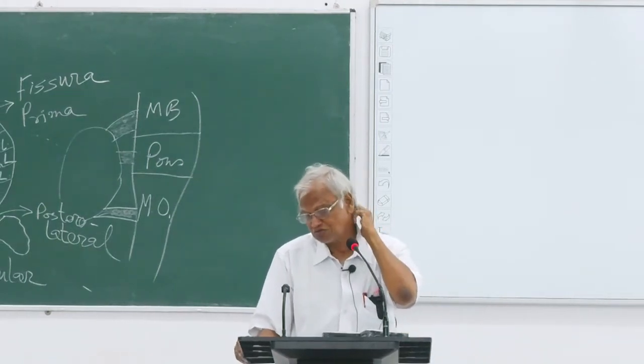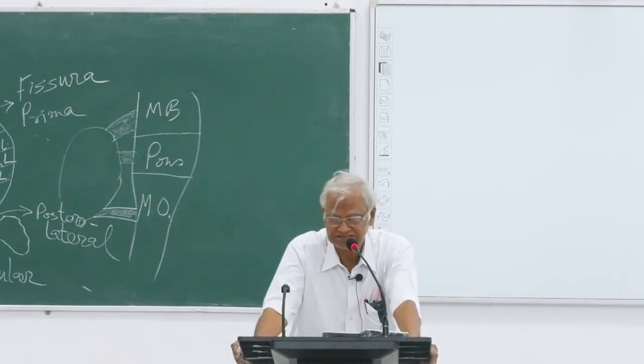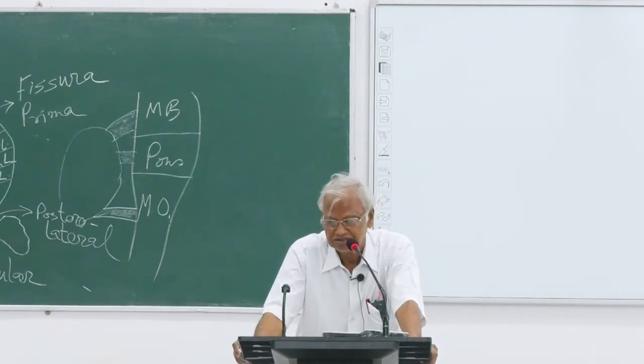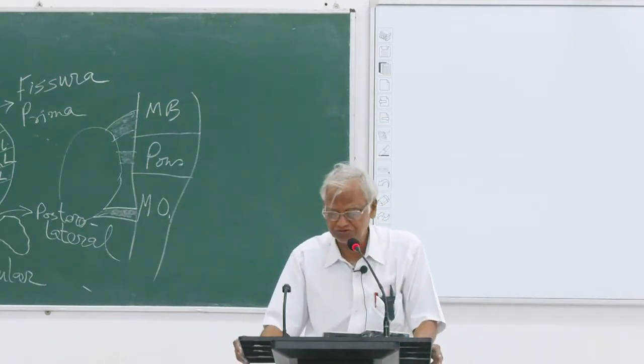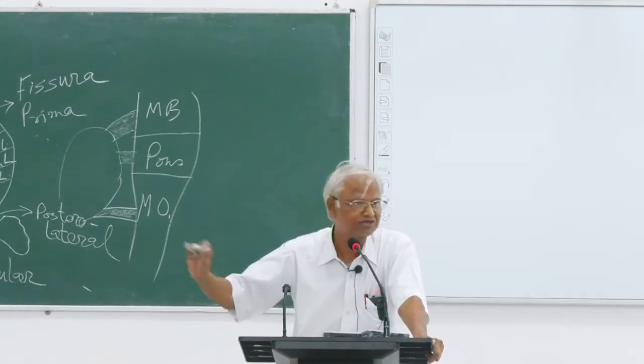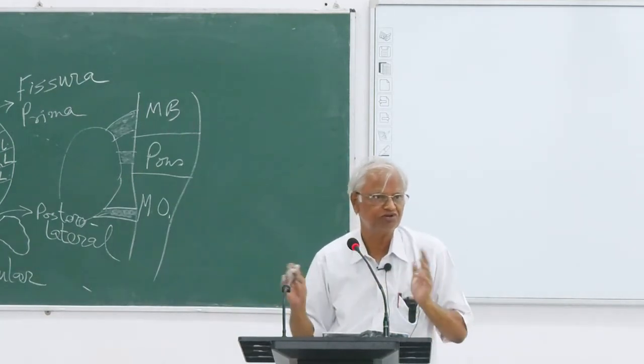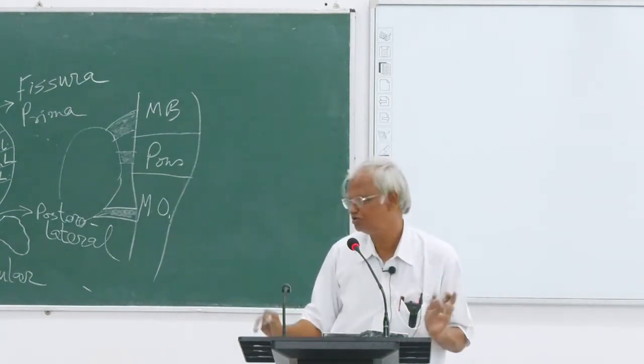Culmen, quadrangular lobule, declive, lobulus simplex, folium, superior semilunar lobule, tuber, inferior semilunar lobule, pyramid, biventral lobule, uvula, tonsil, and nodule, flocculus. That is the flocculus.